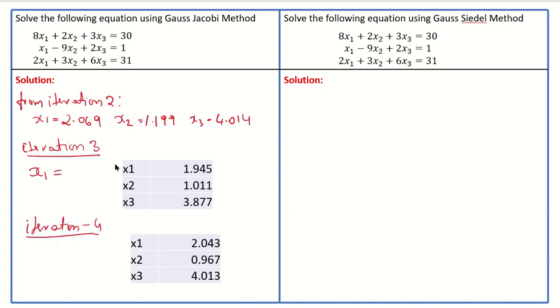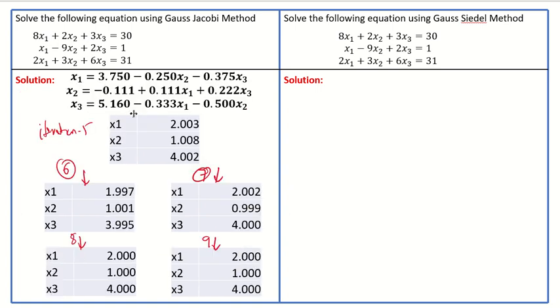Now these values will once again be used in iteration 4. From iteration 3 we got these values. You are going to put these x1, x2, x3 values in the equations and get the new values of x1, x2, x3. Next, the iteration 4 values are once again used in this equation, and you get the updated values of x1, x2, x3, that is 2.003, 1.008, 4.002.